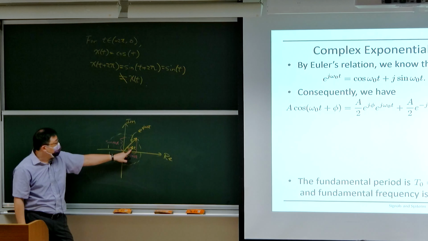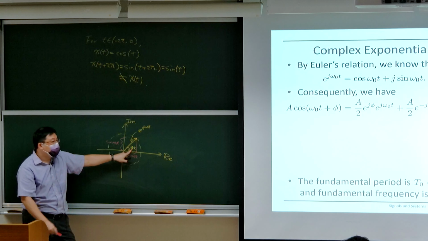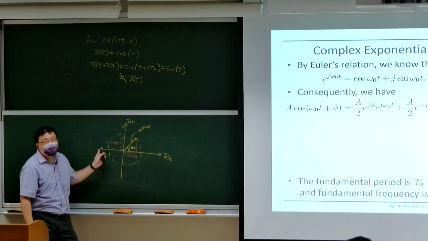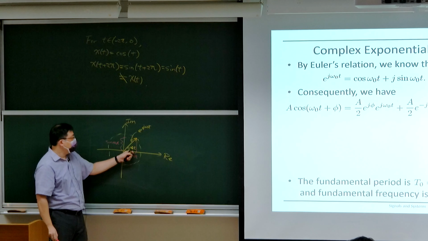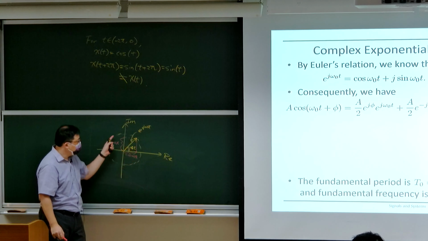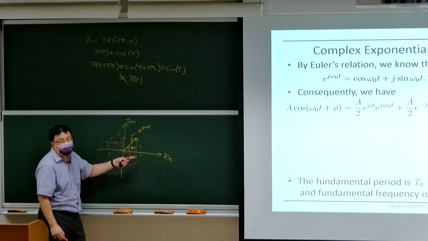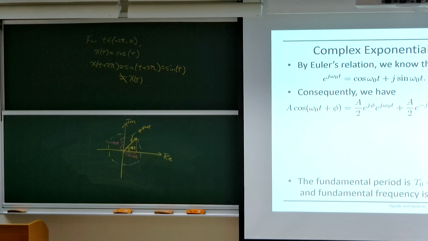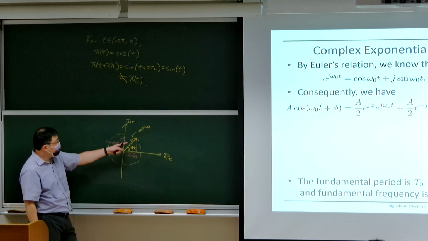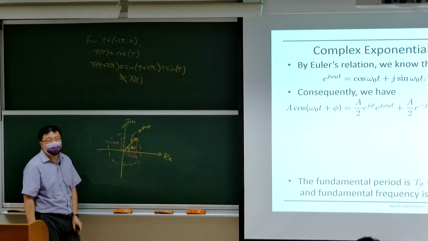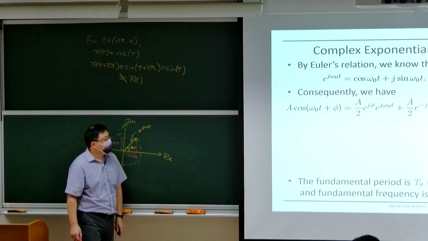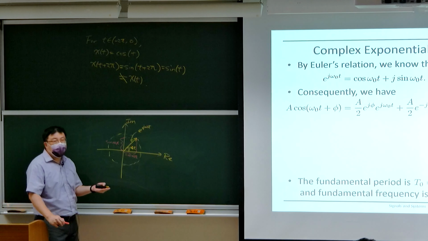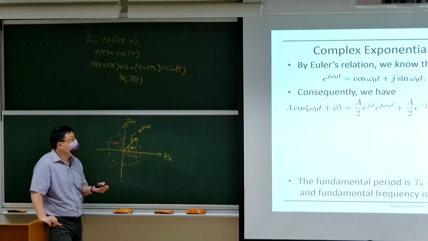What happens if omega naught is negative? You turn in the opposite direction, but the magnitude of omega naught still determines how fast you rotate around the unit circle. So a positive and a negative frequency determine the same speed of rotation, just in different directions.